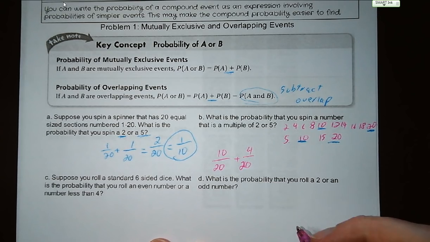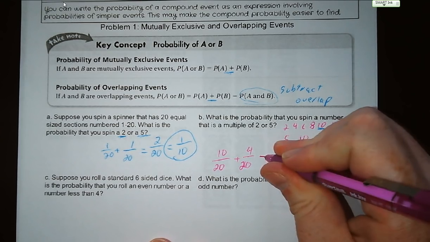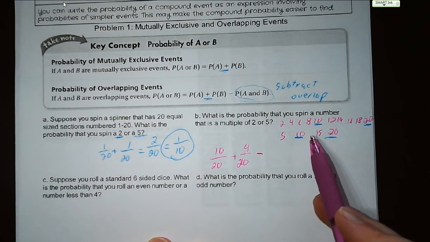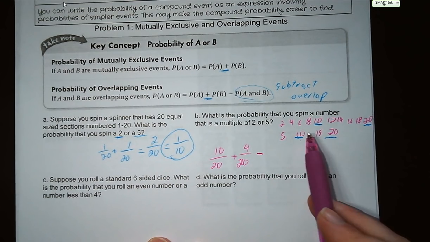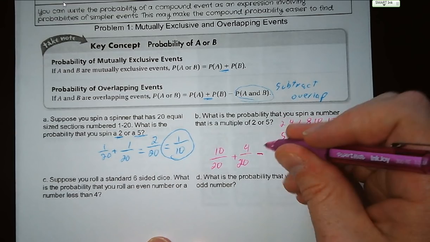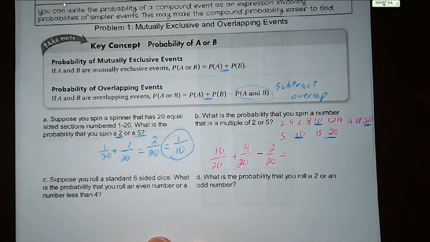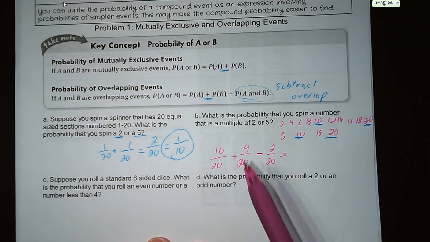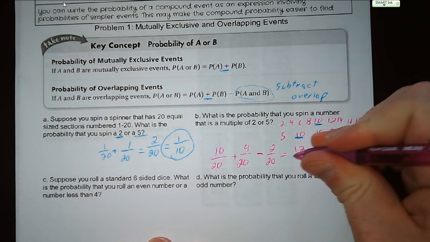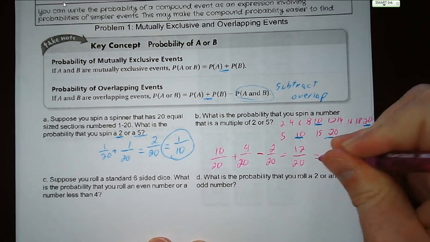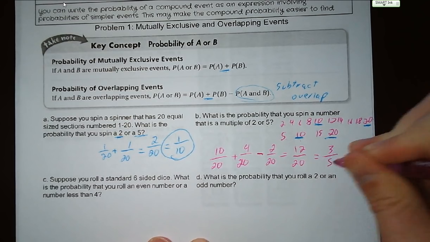And then we need to subtract our overlap. Now the overlap was 10 and 20, so two of the numbers overlapped. So 10 plus 4 minus 2 is 12 over 20, which reduces to 3 over 5.